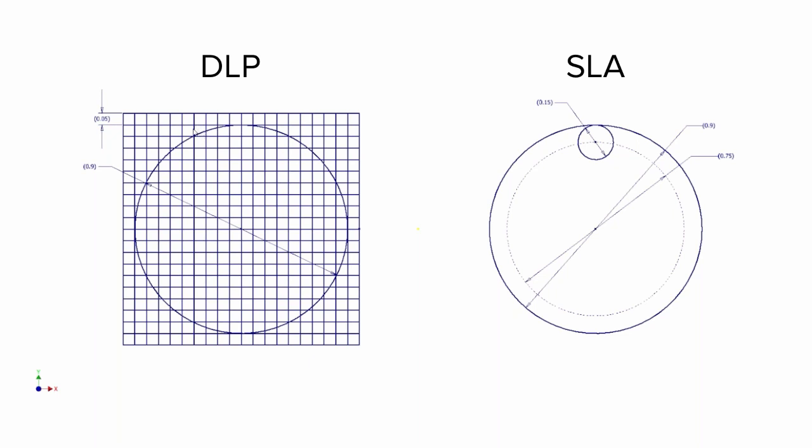This one's probably going to be on. This one would be off. This one would be on. This one would be on. Basically what the software is doing is it decides based on how much of the pixel the part uses if that pixel is going to be on or off. So it would turn this one off, for example. And it has to make that decision around the entire part to determine where the liquid resin is actually going to be cured.